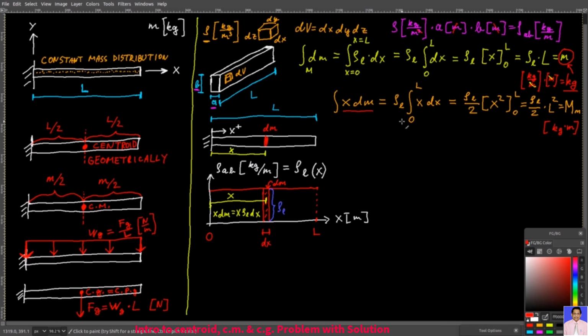So instead of Newton times meters, you have kilograms times meters. But this time it has no direction. You simply take one dm, you multiply it by its x, then you take another dm, you multiply that by its x, and you sum up all the products as you go through the beam.